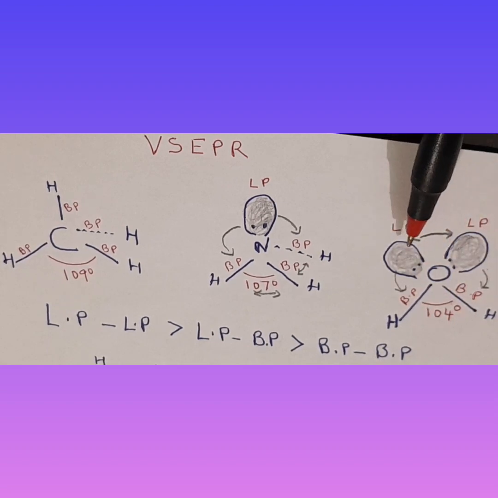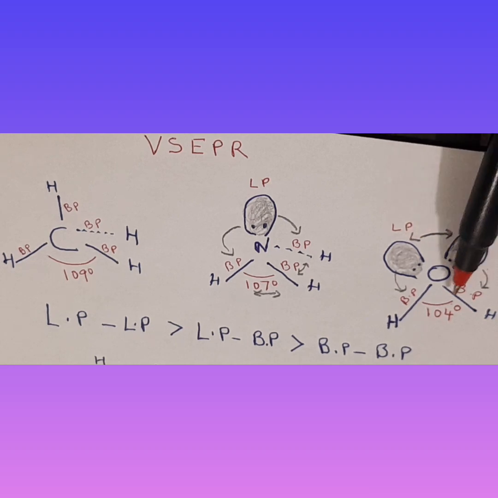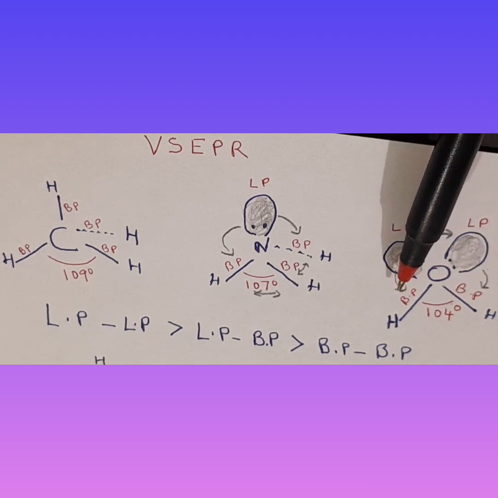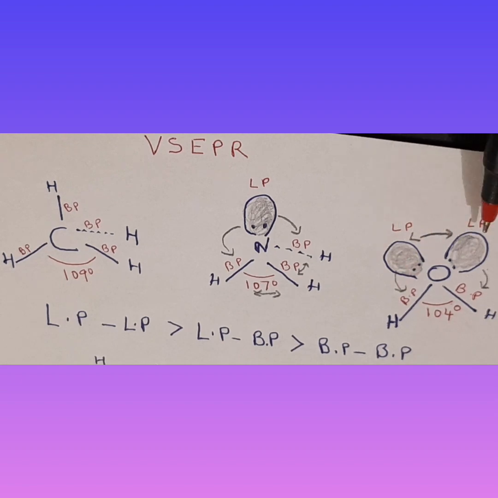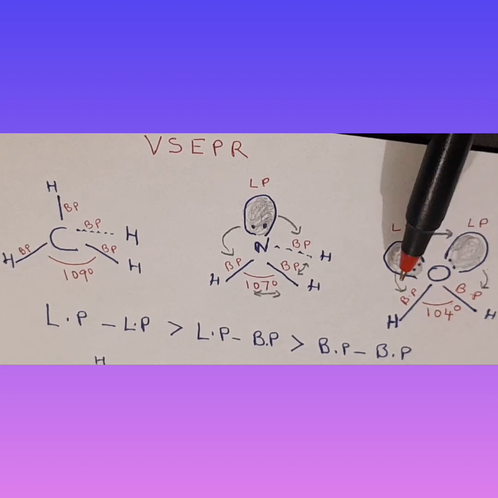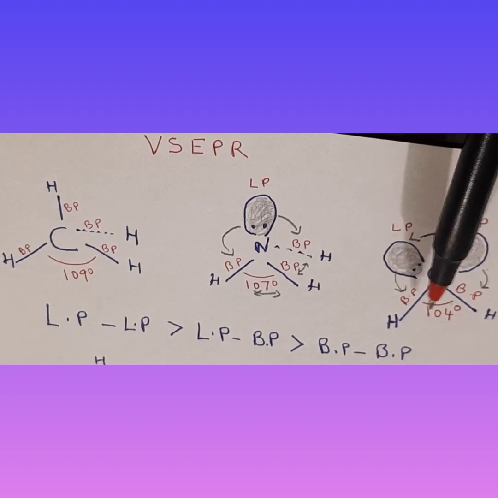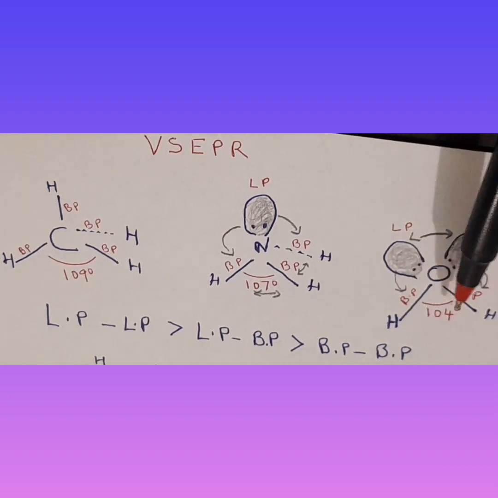Lone pair repulsion is very strong. Lone pair, bond pair repulsion is slightly weaker than lone pair repulsion. In comparison to all this, bond pair repulsion is pretty low. So there is no other choice but for the bond angle to reduce to 104 degrees.